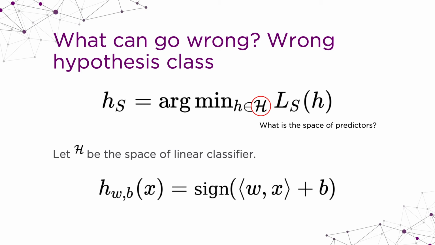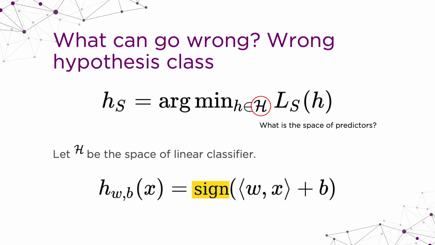Another type of model is the linear model. A linear model will take data X. Here it's 2 features, feature 1 and feature 2, and we will do the dot product between some parameters W and this data point. We'll add a value called the bias, and we will take the sign of this expression.